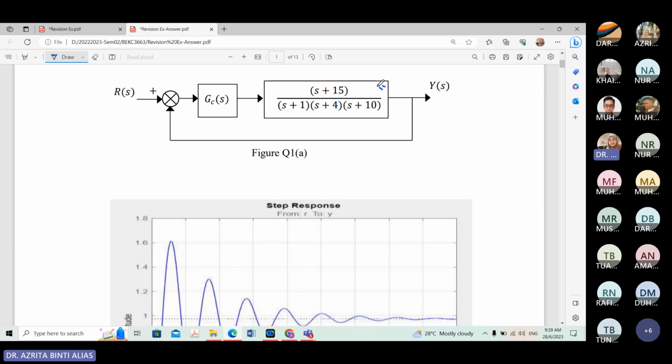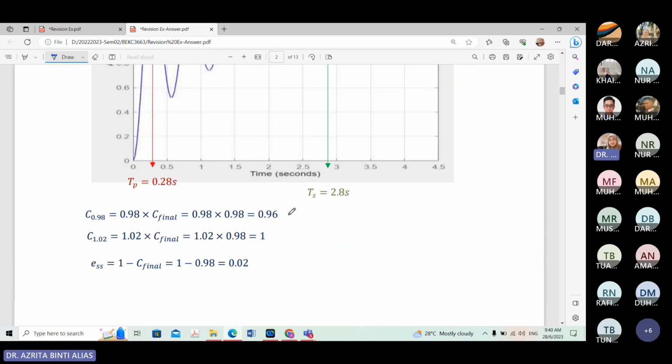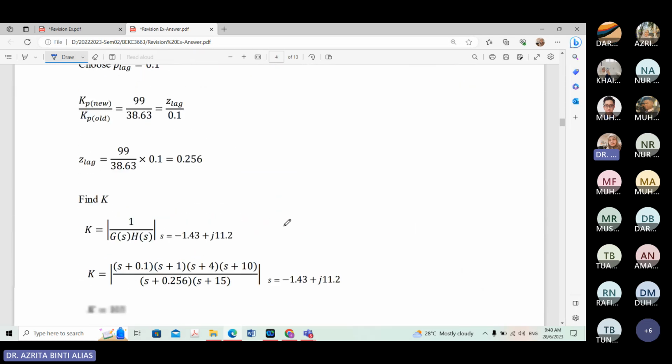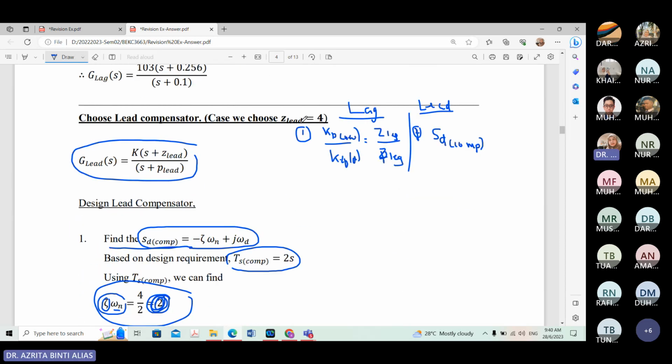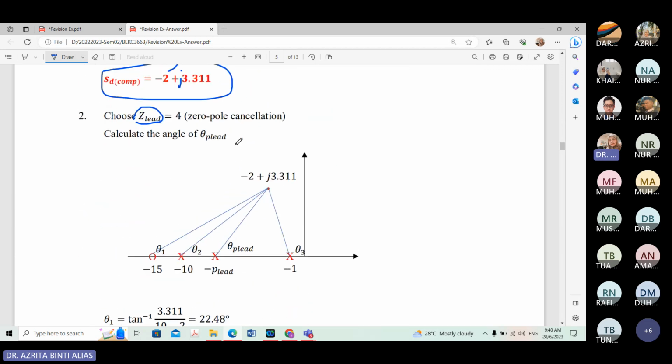For this case, this is our system, and we have poles at -1, -4, and -10. I advise you to choose the second value of the pole locations. So for this case, we just choose the Z lead equal to 4, because we want to obtain the zero pole cancellation.